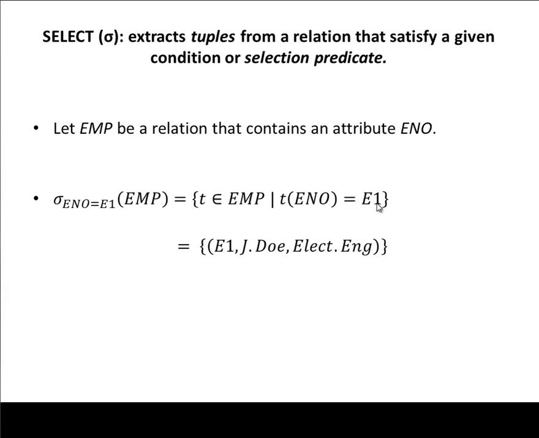That is the selection. As we know, there was only one tuple with employee number E1, and I express it here.